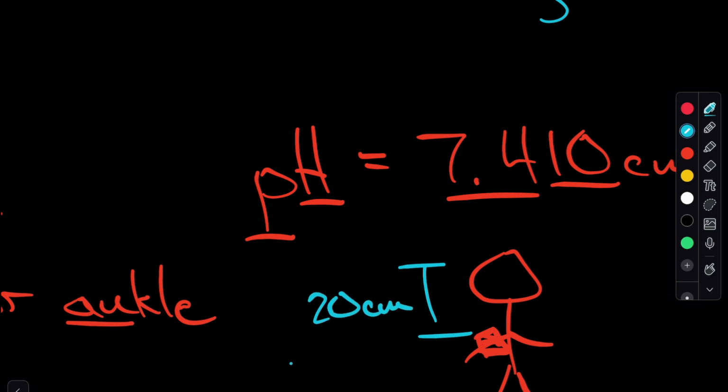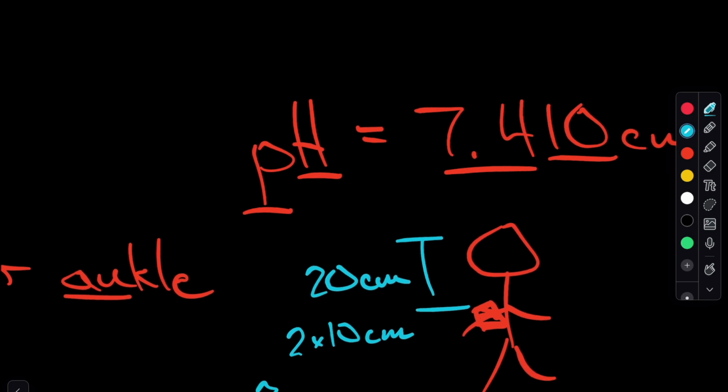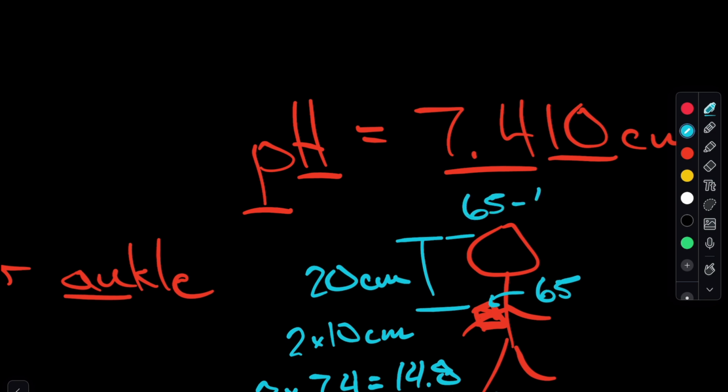Then you would have a change of 2 times 10 centimeters. So your pressure difference would be 2 times 7.4 equals 14.8 millimeters of mercury less. So, for example, if the reading that you're getting on your cuff says 65, then the actual blood pressure that you would see up here, 20 centimeters different, would be 65 minus, we'll just call it 15, equals 50.